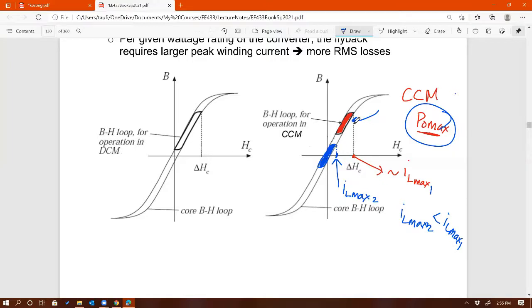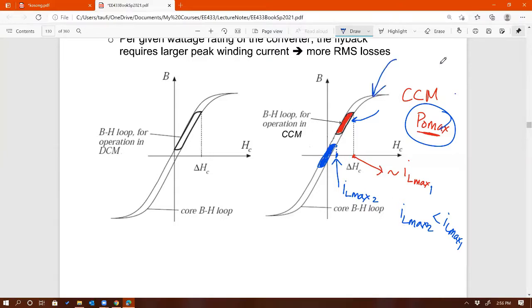So that's why flyback and any other topology that has 1 quadrant is not really utilizing the transformer better, because we're basically wasting the core. Imagine if I'm able to operate this in 4 quadrants, then I don't need a core that has this BH curve.